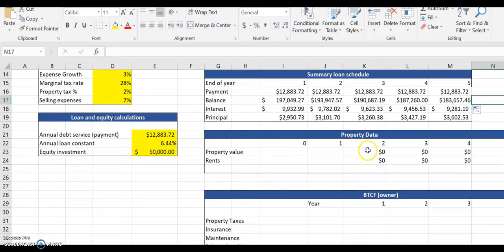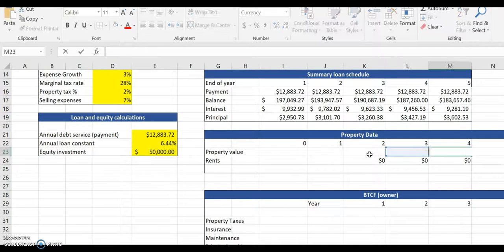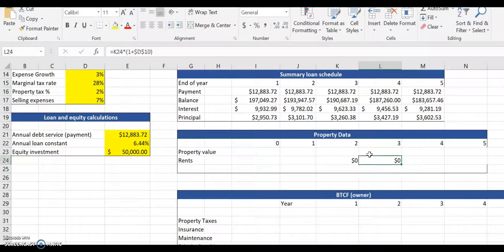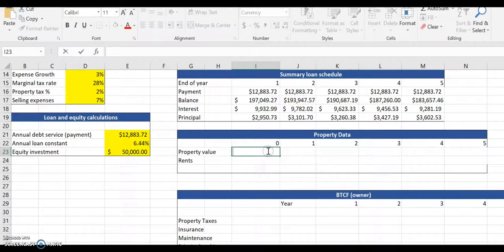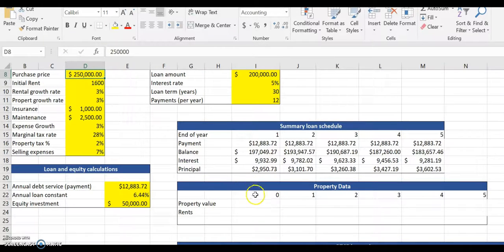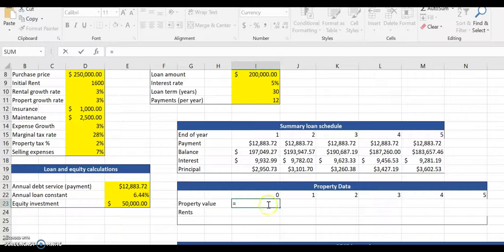Okay, for our property value, it is equal to our purchase price. So we'll put that in.